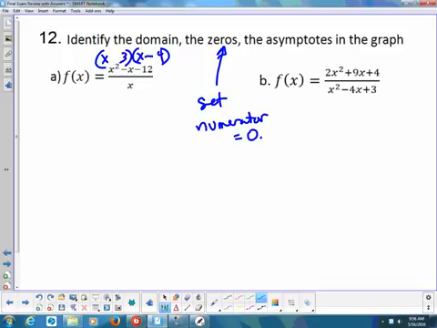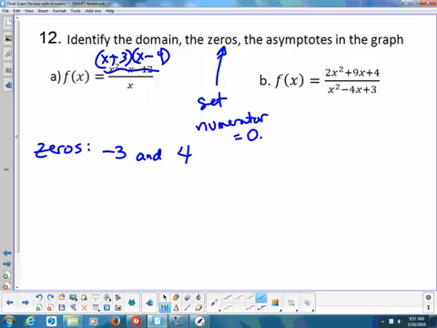And I think this is going to be minus, that's going to be a plus. You could check me with product sum. But if I do factor it like this, then what numbers make my numerator equal to 0? Negative 3 and a positive 4. So my zeros for this first one are going to be negative 3 and 4. Those are my two zeros.